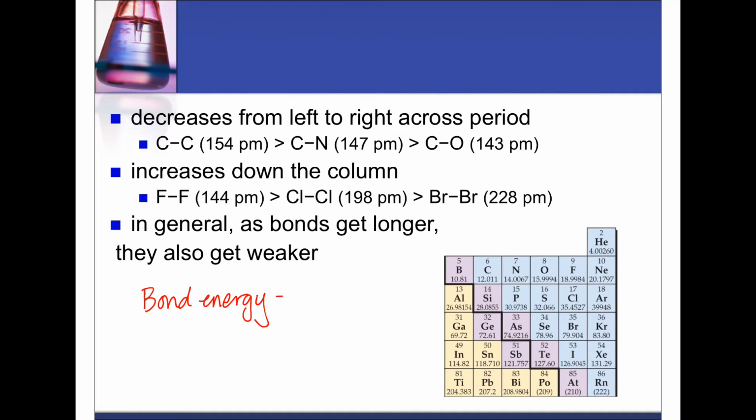And that is the amount of energy that is needed to break a bond. If the bond is really strong, the bond energy is going to be high. If the bond is weak, the bond energy is going to be low. It's going to be easy to break that bond.